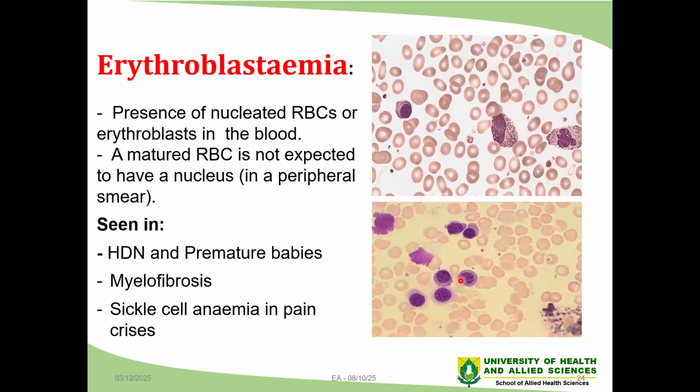They may also end up producing these erythroblasts in the blood film, mainly because there is severe anemia in sickle cell disease, and because of the increased destruction of the red cells, the bone marrow tries to compensate, and in doing so, it ends up pushing out red cells which still have nuclei in them.